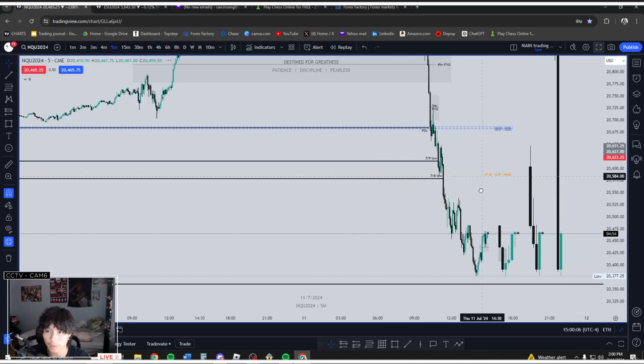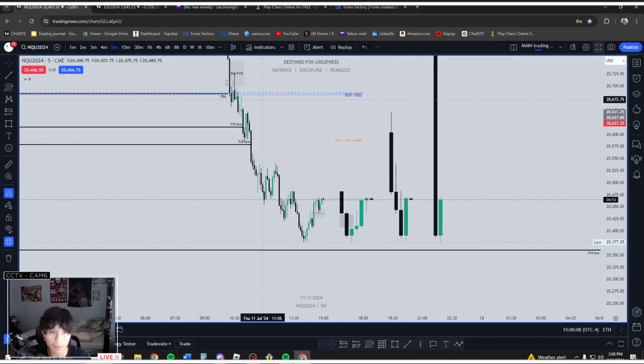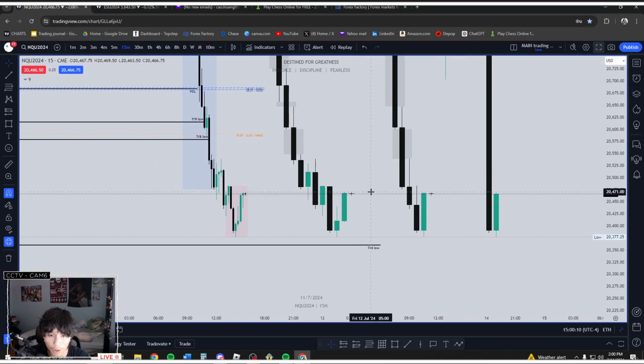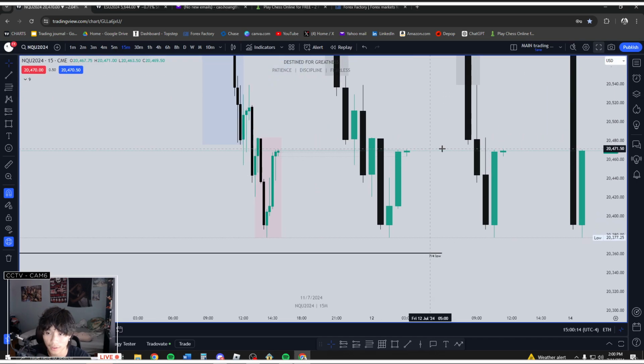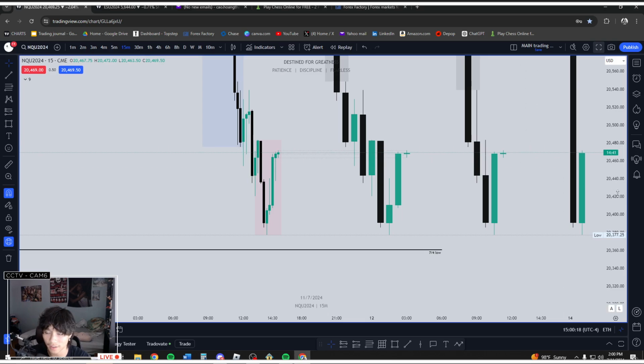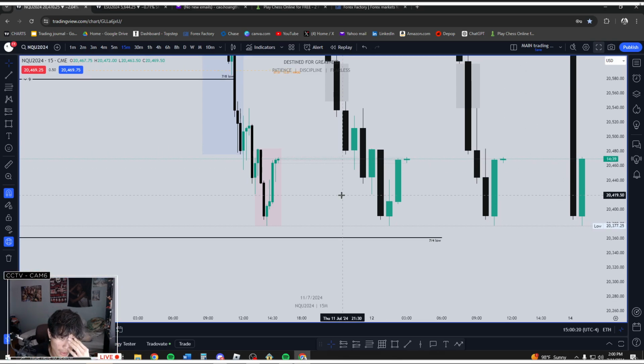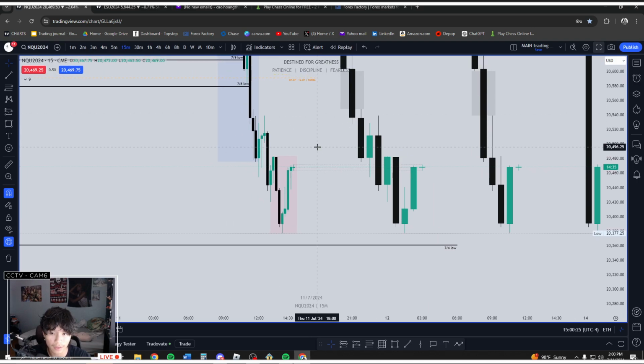And that's a 30-minute, I believe. Oh no, that's a 15-minute. So on the 30-minute time frame, we also have the same objective, which is to take out that 30-minute high. And okay, never mind, we just took that out. So my trade idea is not invalid, but it's scratched because the objective has already been taken.